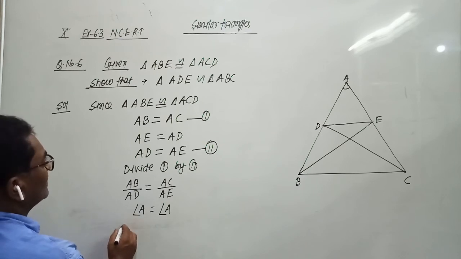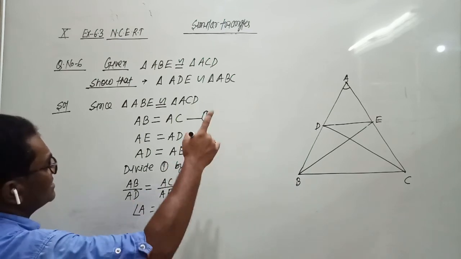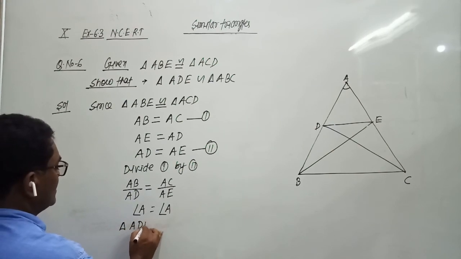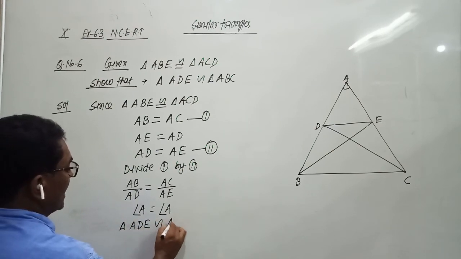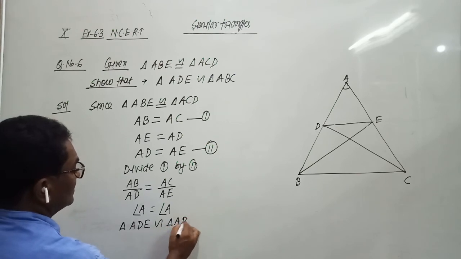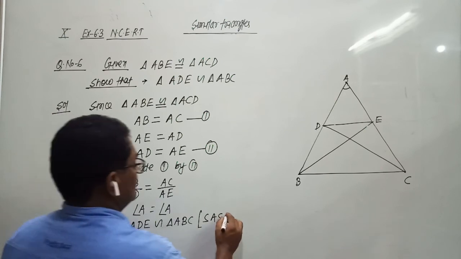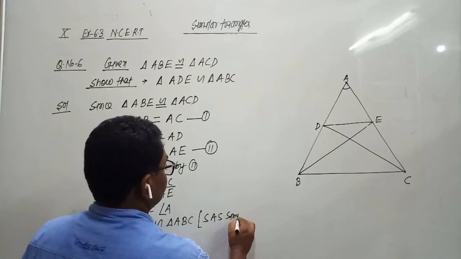So triangle ADE is similar to triangle ABC by SAS similarity criterion.